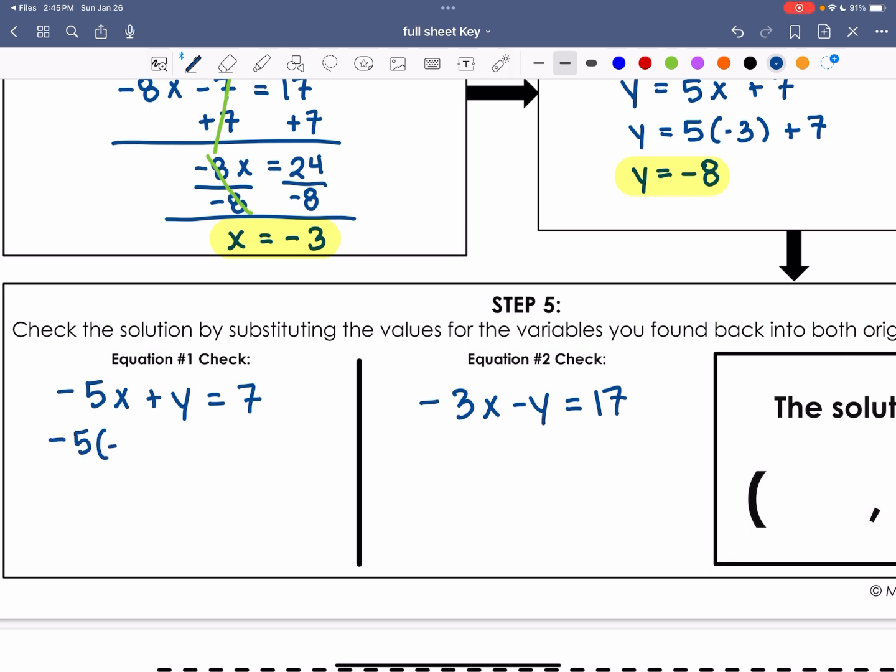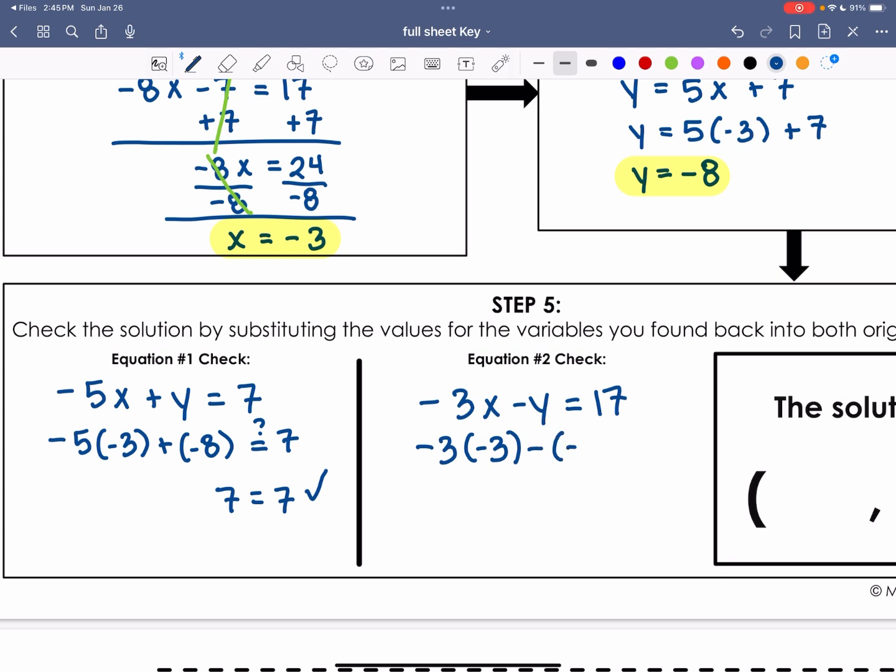So negative 5 times negative 3 plus negative 8, we're going to check, is that really positive 7? So this would be 15 plus negative 8. Yep, that's 7, so that checks out. And then over here we have negative 3 times negative 3, which is positive 9.